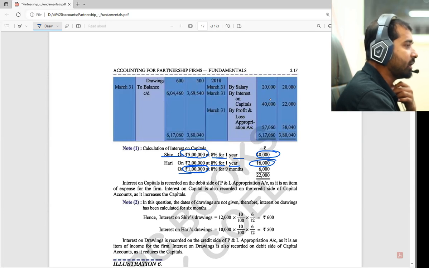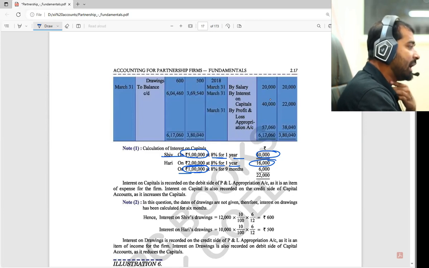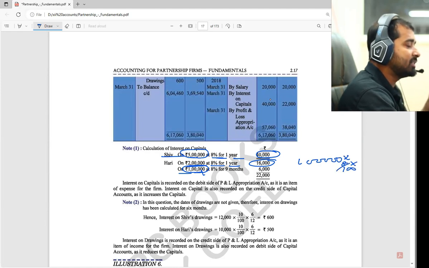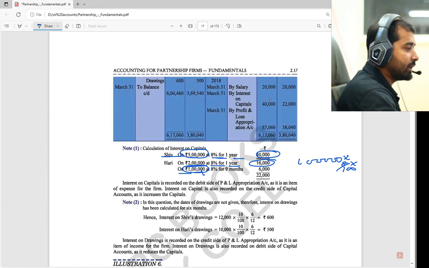Contributed on 1st July 2017. So on 1st July 2017, Hari contributed additional capital of 1 lakh. For 1 lakh at 8 by 100, into the period from 1st July, that includes July, August, September, October, November, December, January, February, March.